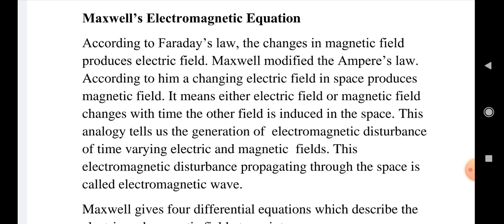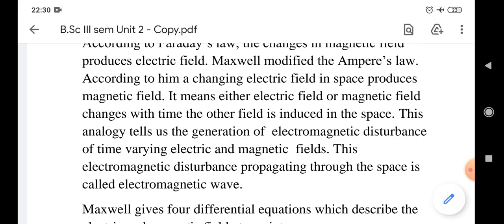It means that if either the electric field or the magnetic field changes with time, the other field is induced in the space.